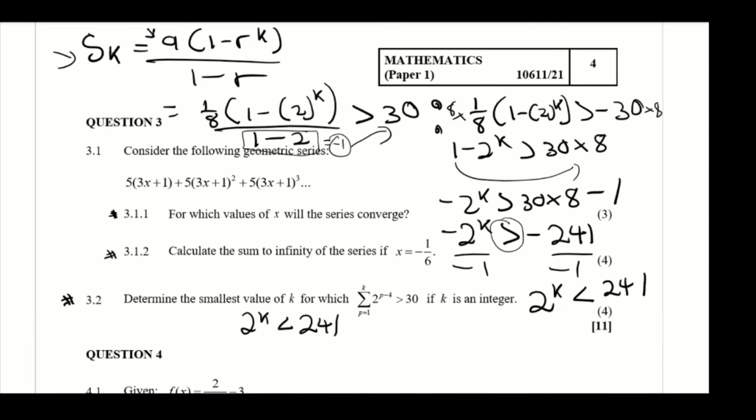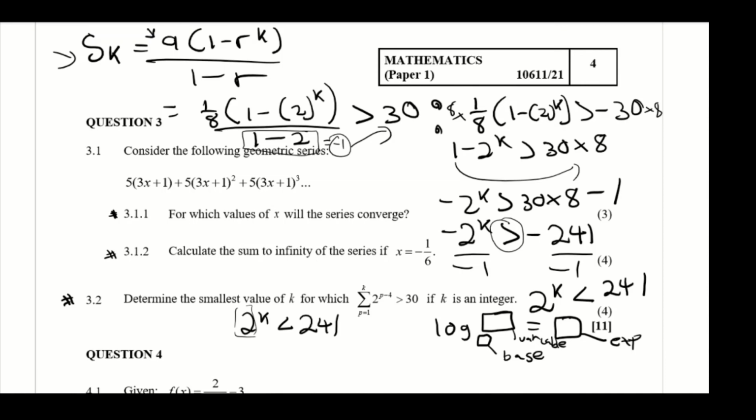So now you're having your 2^k is less than 241. So you're going to use your logs. Remember that log works like this: log, our base is at the bottom, and then this is our variable, equals to our exponent. So this is the exponent, this is the base, and this is just a variable. So we're going to equate to the exponent.